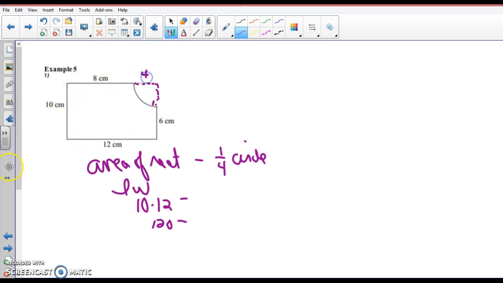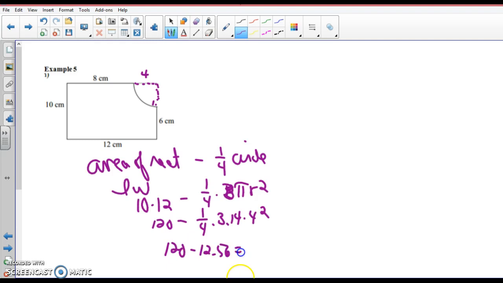This side is 8, so that little chunk has to be 4. So our radius is going to be 4. So 1/4 times pi r squared. So 1/4 times 3.14 times 4 squared. And I get 12.56. So 120 minus 12.56 is 107.44 centimeters.